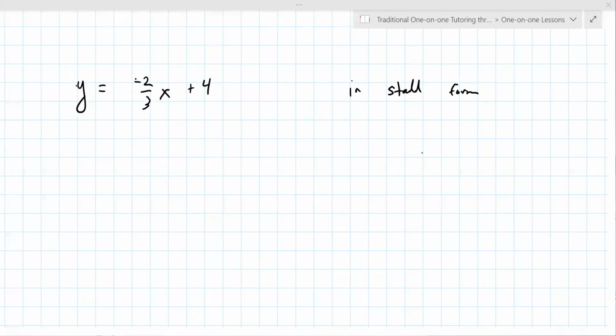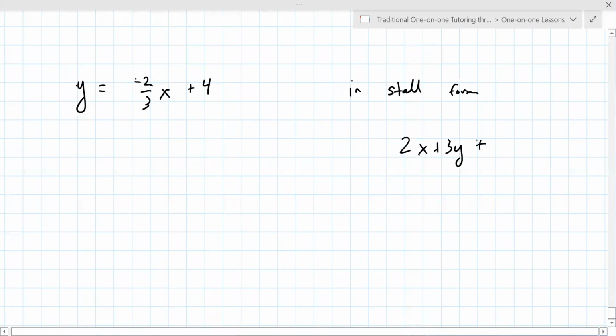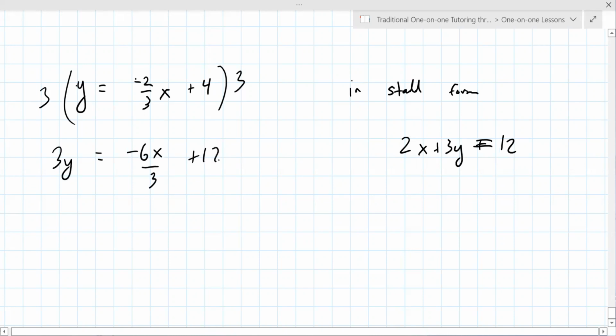That sounds pretty correct here. Let me just work through the steps here, just in case you want to see them later on. So you multiply everything by 3. 3y equals minus 6x over 3 plus 12. 6 over 3 is 2, minus 2x plus 12. You add the 2x to both sides. So yes, your answer is 2x plus 3y equals 12.